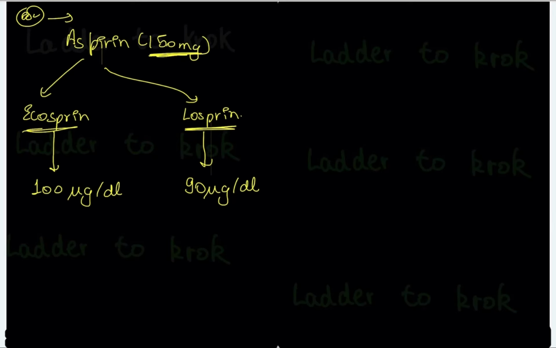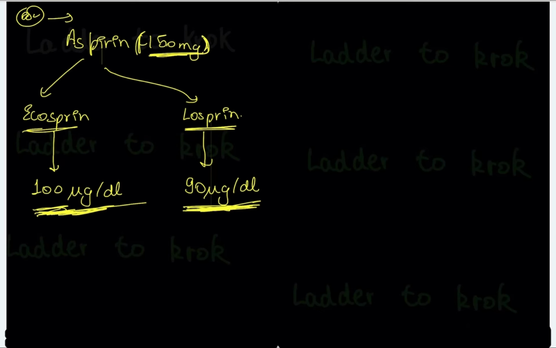So there should be some criteria for which drugs can be bioequivalent. Here 150 is given, here 100 reaches, here 90 reaches in the blood circulation. So these two brands, which have very similar bioavailability of aspirin, are known as bioequivalent.